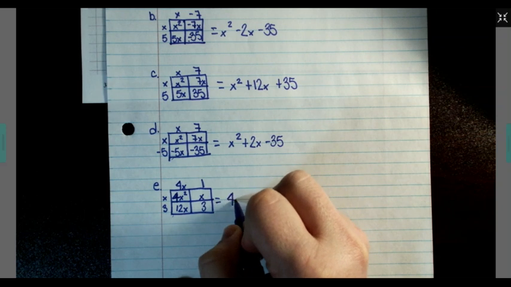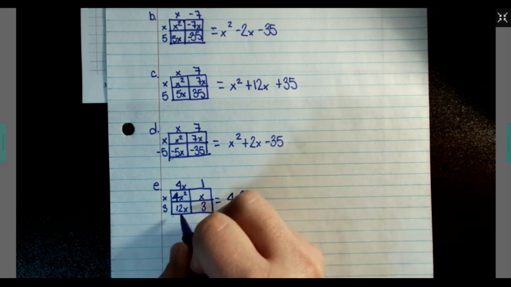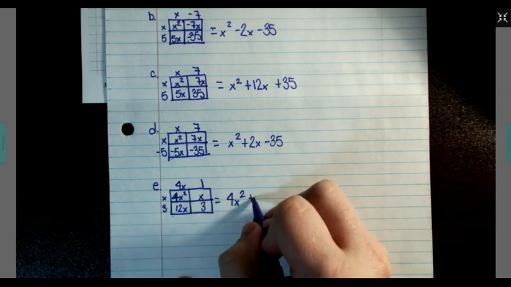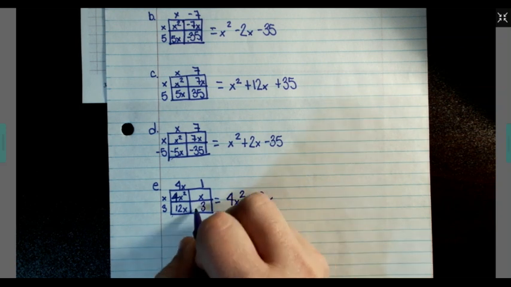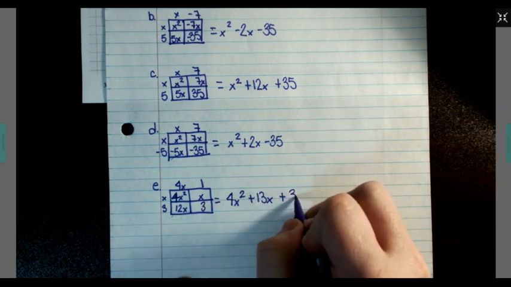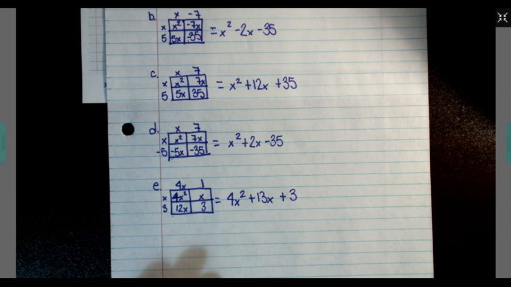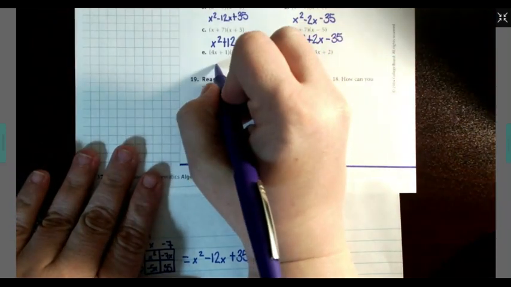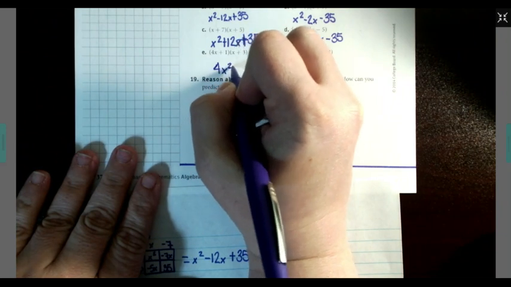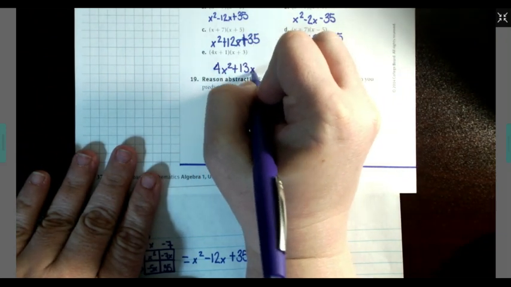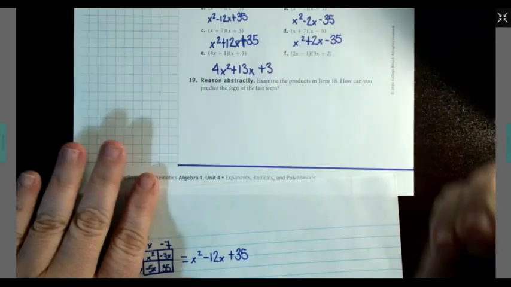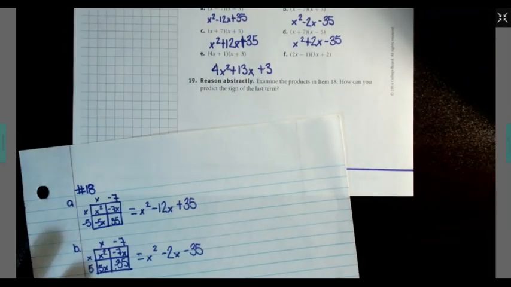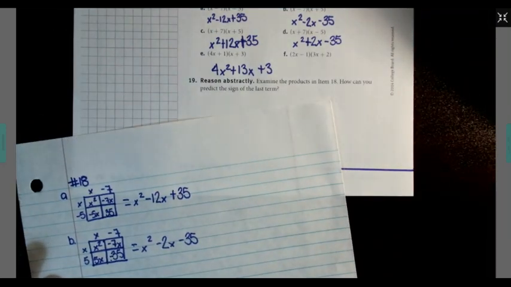I have 4x squared. I have 1x and 12x, so that's 13x total, and a +3. So this is going to be, I'm going to write that over here, 4x squared, 13x, 3. Now we're going to work on F.